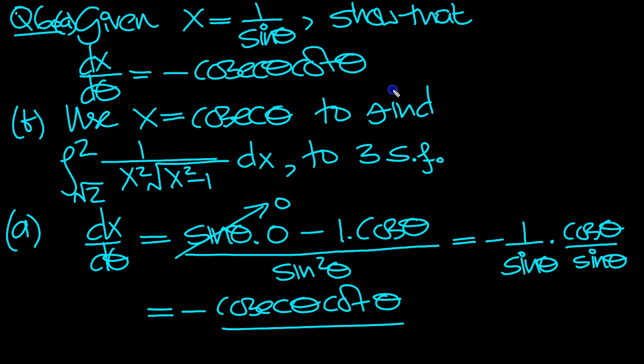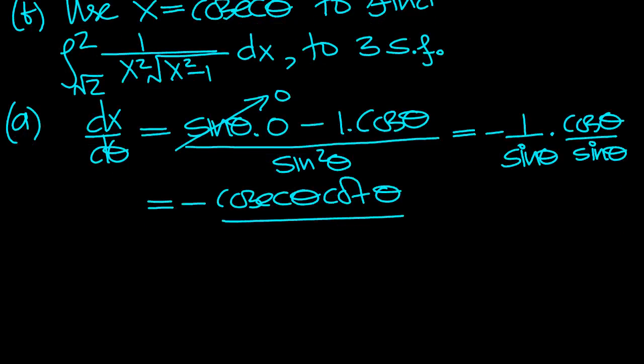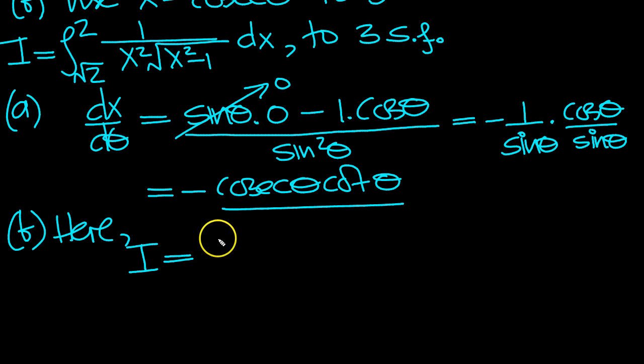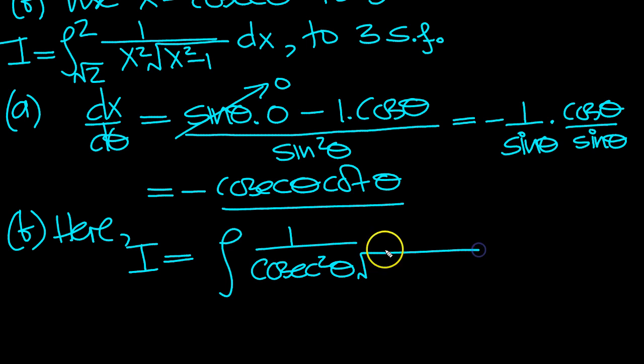Use x equals cosec theta to find this integral here. Okay, so let's label it I, call it part B. So here I is equal to the integral, it's 1 over x squared, which is cosec squared theta, square root of cosec squared theta minus 1, dx.